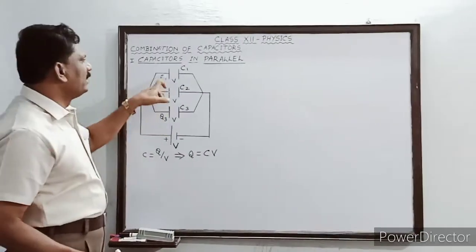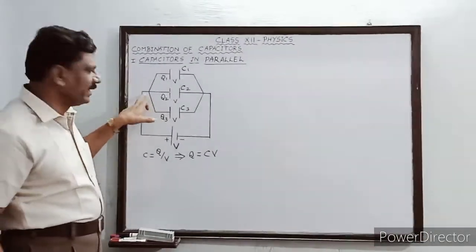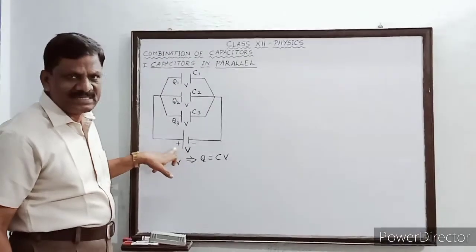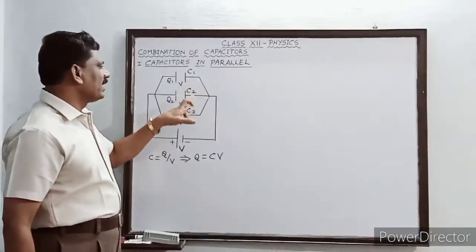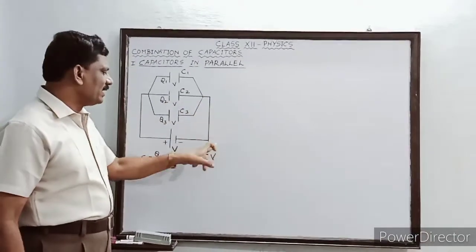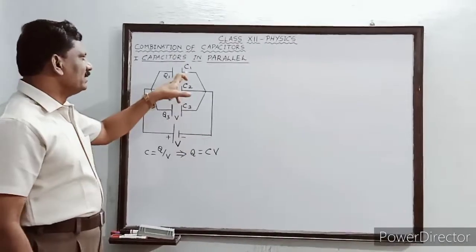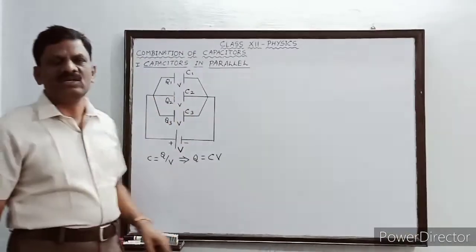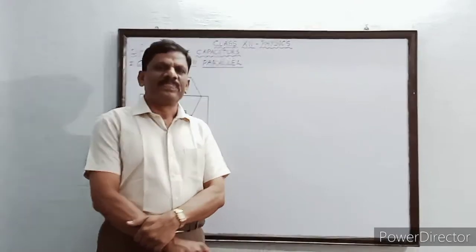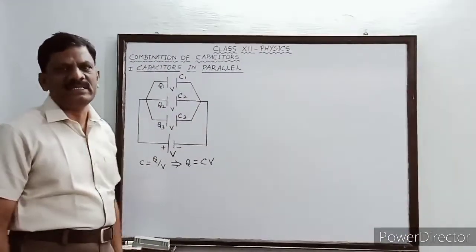When all the left side plates of the capacitors are joined and connected to one terminal, namely positive of the battery, and all the right side plates of the 3 capacitors are joined and connected to the negative potential of the battery. Then these 3 capacitors are said to be connected in parallel. Their individual capacitances are C1, C2 and C3.